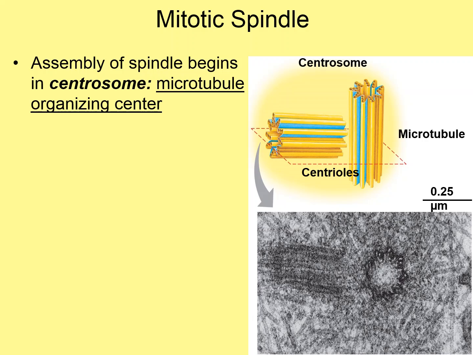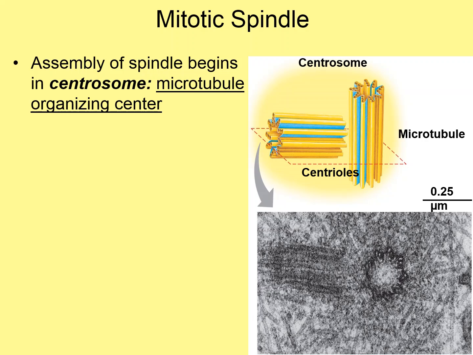And so you actually have two centrioles per centrosome, right? And so each centriole is going to be involved in either anchoring the microtubules to the plasma membrane or growing out towards the chromosomes, which are going to line up in the middle of the cell. So you can't actually accomplish this whole thing with only one centrosome and two centrioles.